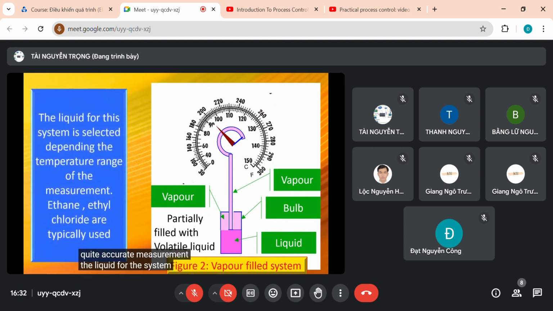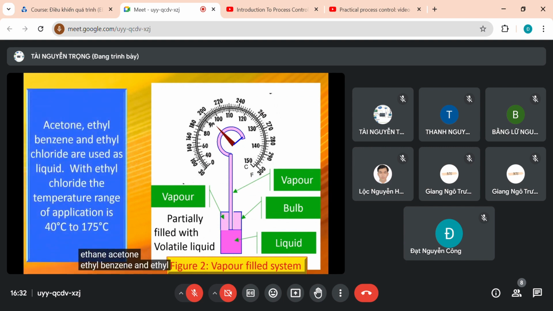The liquid for the system is selected depending on the temperature range of the measurement. Ethane, acetone, ethyl benzene, and ethyl chloride are used as liquid. With ethyl chloride, the temperature range of application is 40 degrees centigrade to 175 degrees centigrade.